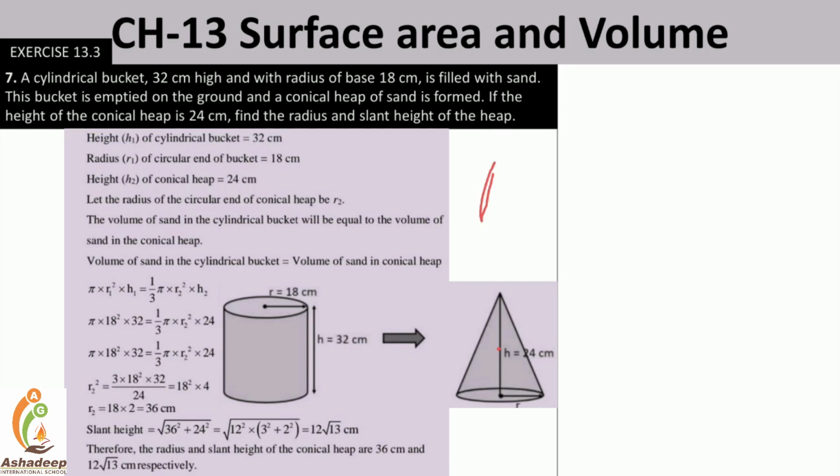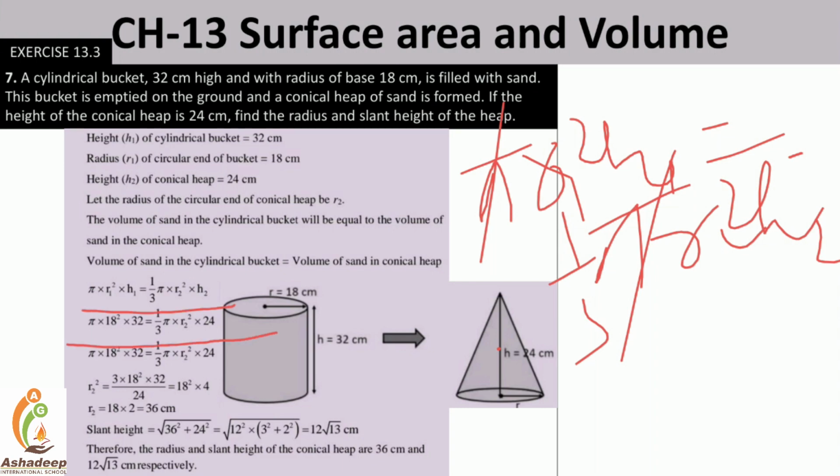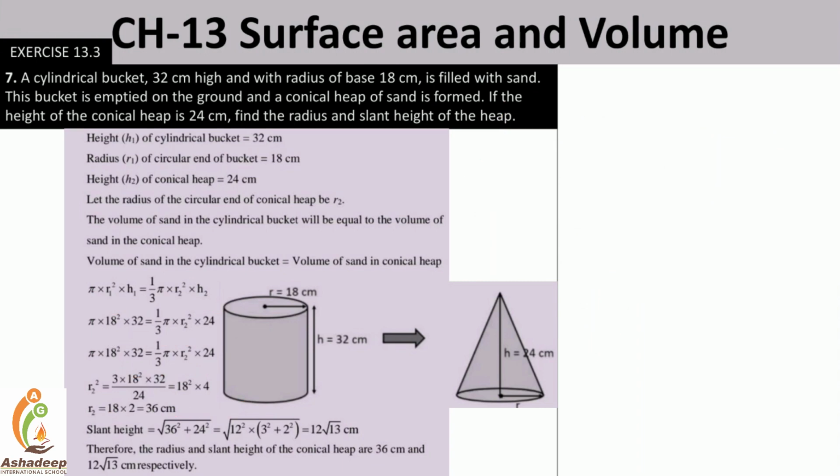The volume of the cylinder is pi r1 square h1, which is equal to 1/3 pi r2 square h2, because it is a cone. Pi and pi cancel, so the remaining thing we need to simplify. Here each and every step is written, right? You just need to go step by step and you will get the answer. r2 is equal to 36.